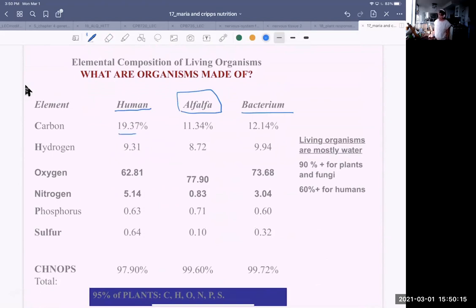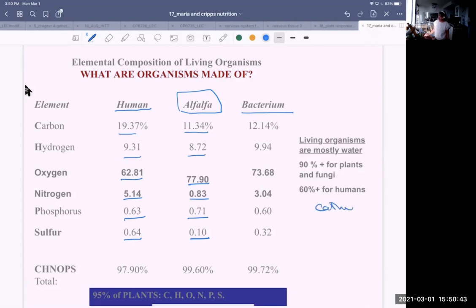Carbon, quite a bit. Hydrogen, oxygen, woohoo, oxygen's way up there, of course. And nitrogen, not so much in plants. Phosphorus, sulfur. And you can remember that by the mnemonic, CHNOPS.